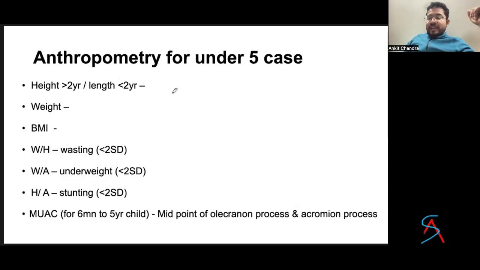How do you measure height? Height or length is a very important question. One important thing you have to see is that the head, shoulder blades, buttocks, calves and heels of the person should be touching the stadiometer, or the vertical board.